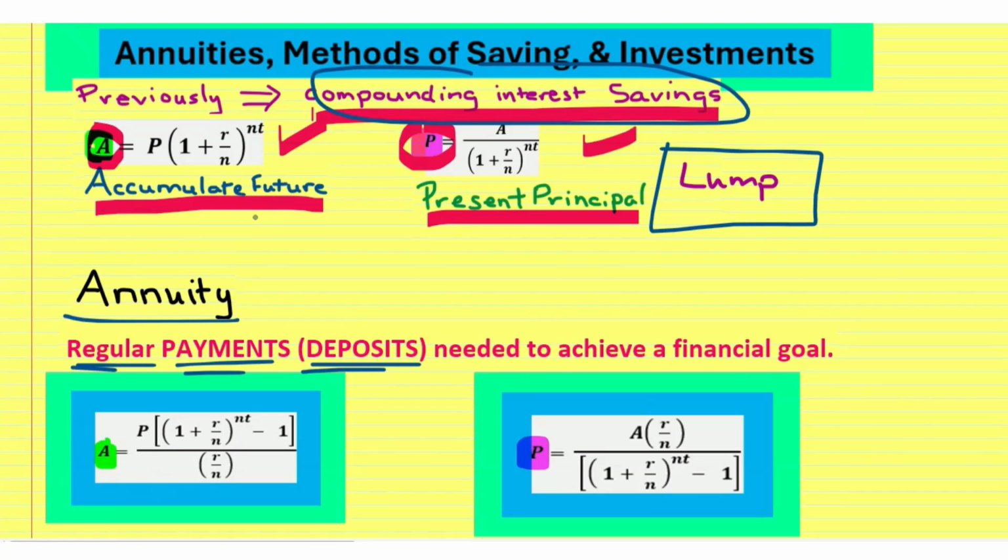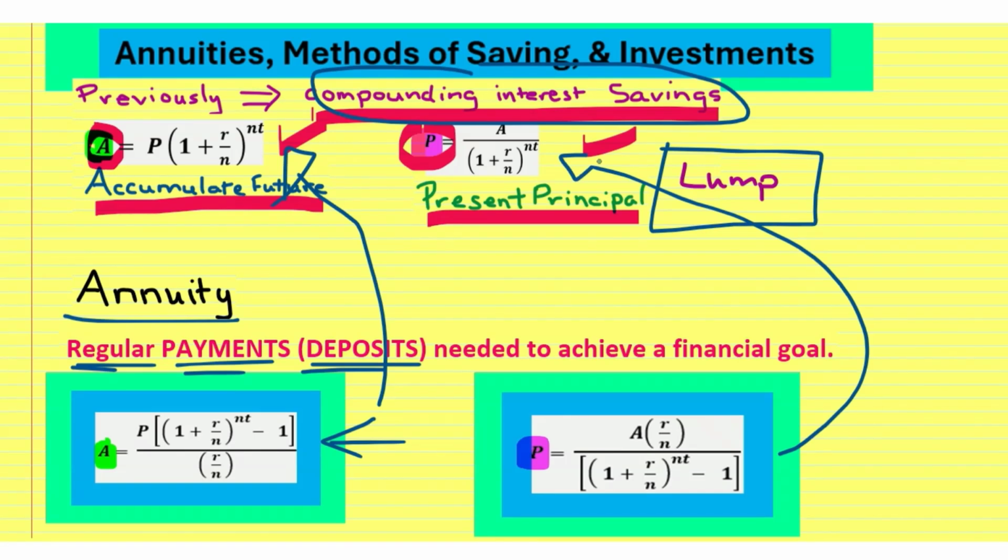So the formulas look completely different. This formula does not look like that formula, even though it is the accumulated amount for an annuity. And this formula obviously does not look like that formula. So you need to understand that this P right here is not the same as that P up here.